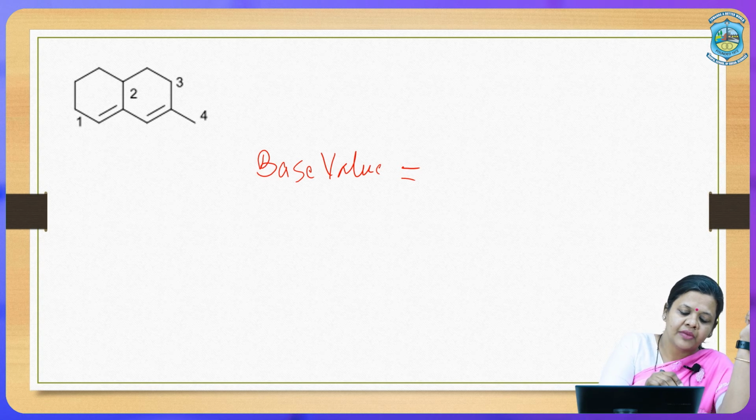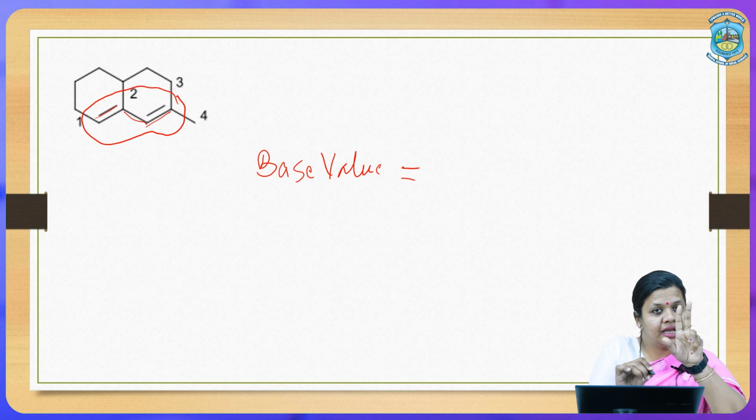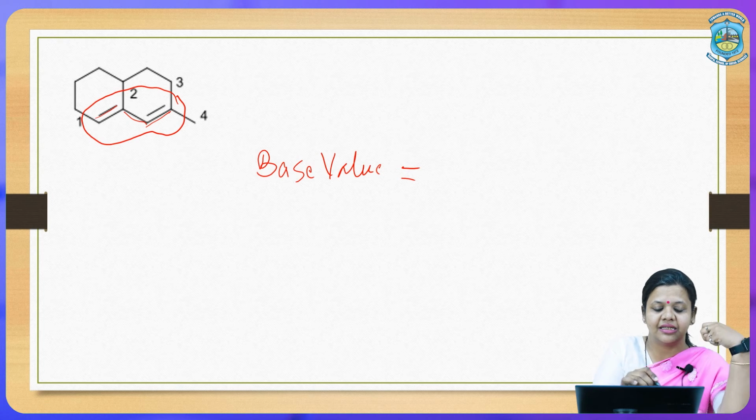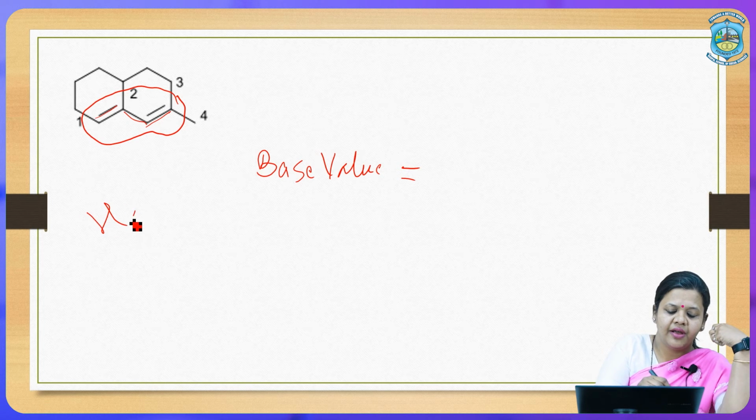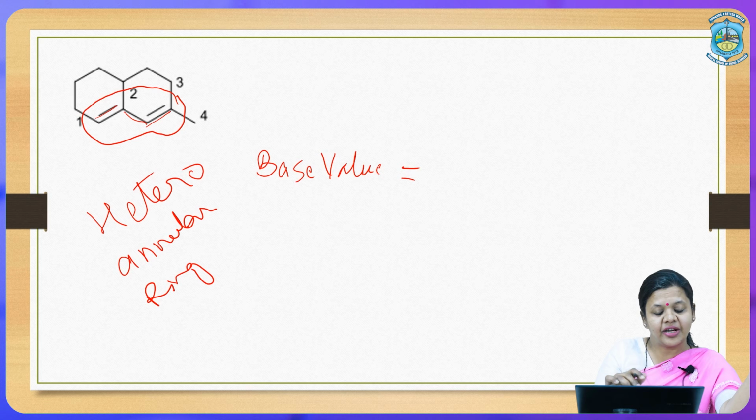I can see the double, single, double, or the 1,3-butadiene that I am trying to find. I can make that, but using both the rings. That means it is a condition of heteroannular ring.